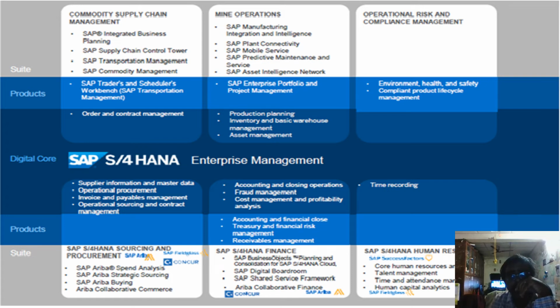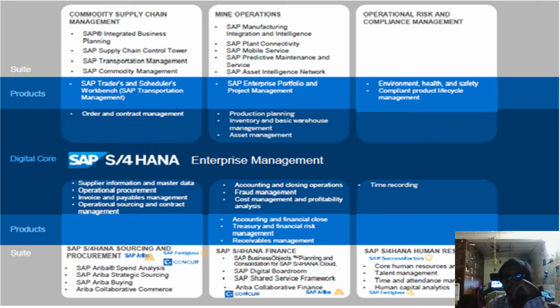When coming to mines operations, we have SAP Manufacturing Integration and Intelligence (MII) and SAP Plant Connectivity (PCo), which totally avoids IDoc usage. So thereby there is automatic triggering of messages, and users can easily monitor that.